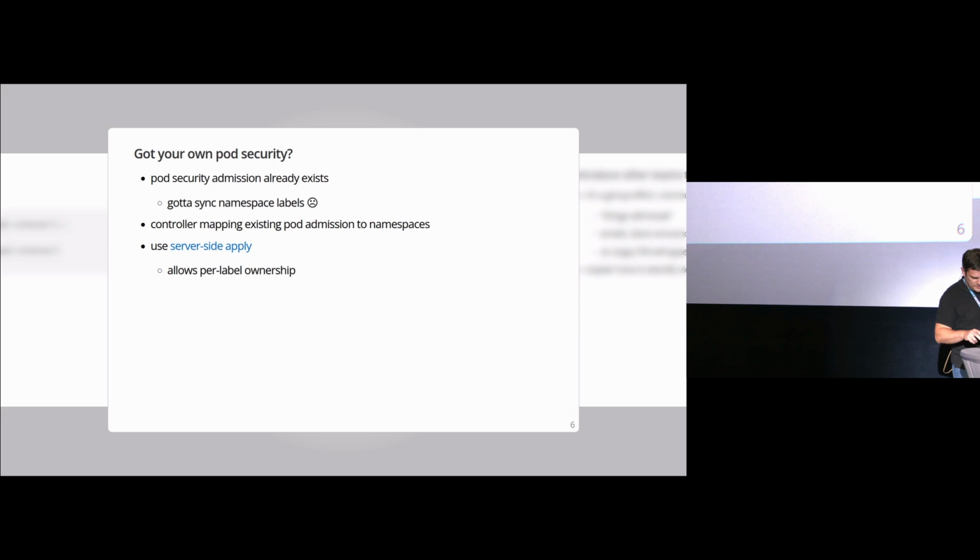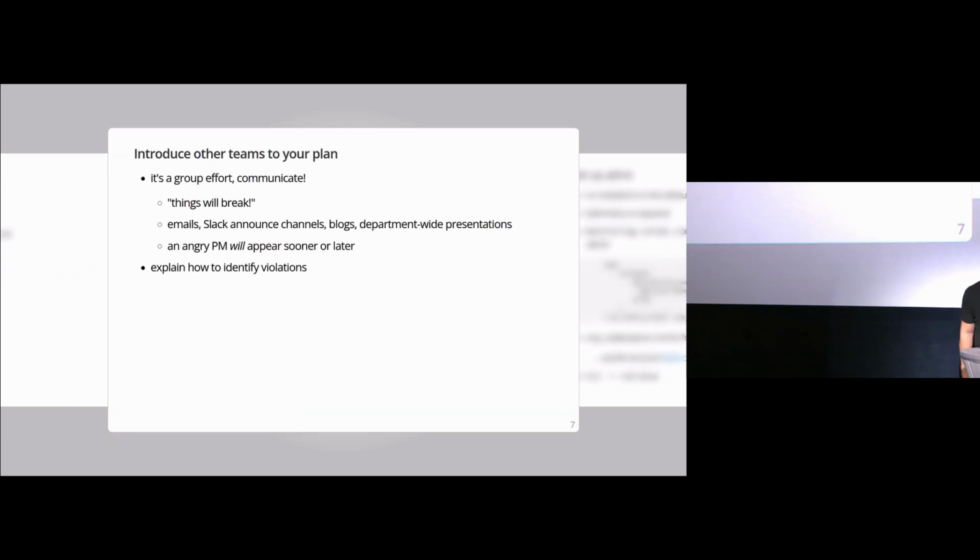All right. Now that you have a plan about your own pod security admission, and you have a plan to introduce the upstream pod security admission, it is time to actually communicate, and that's a big thing, because you alone will not be able to make the move of your distribution, right?